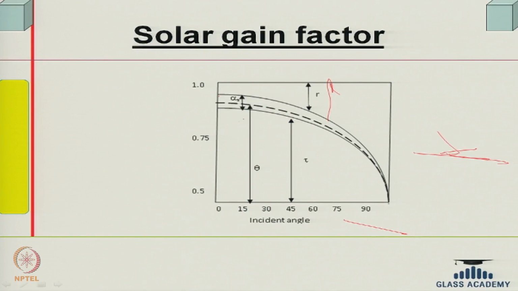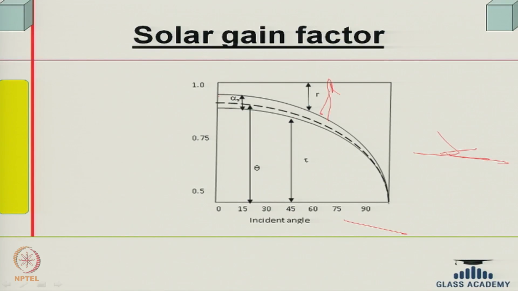So it varies with the angle of incidence, because the path travelled by the radiation through the glass varies depending upon the angle of incidence. When it is normal, the least path is travelled, and when the angle of incidence increases, the path travelled is more.